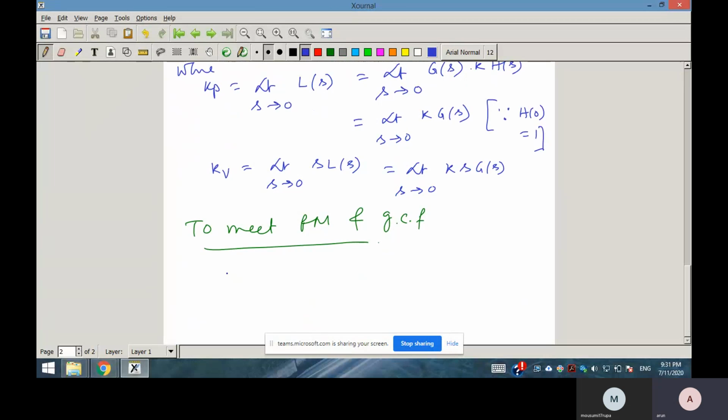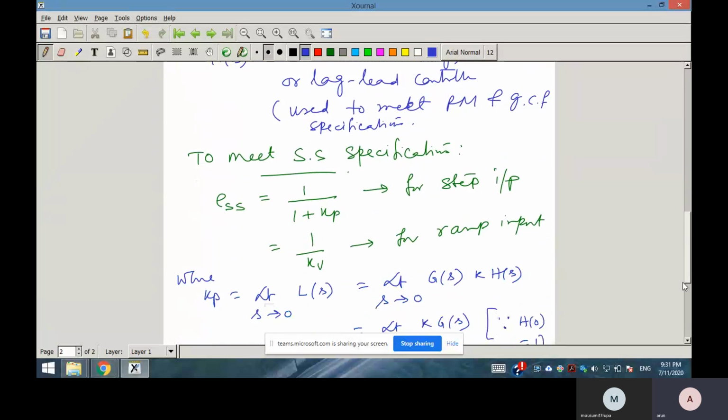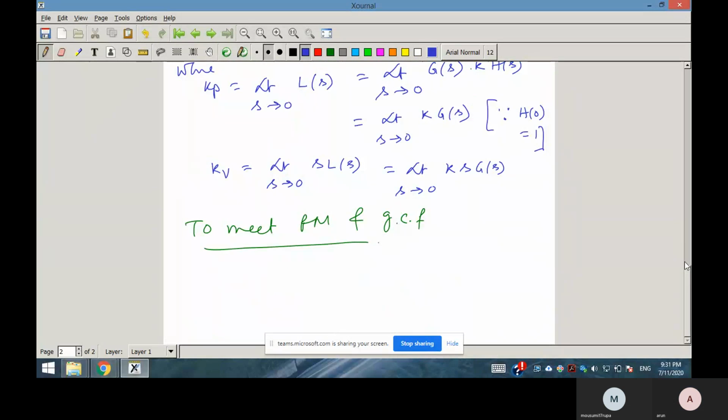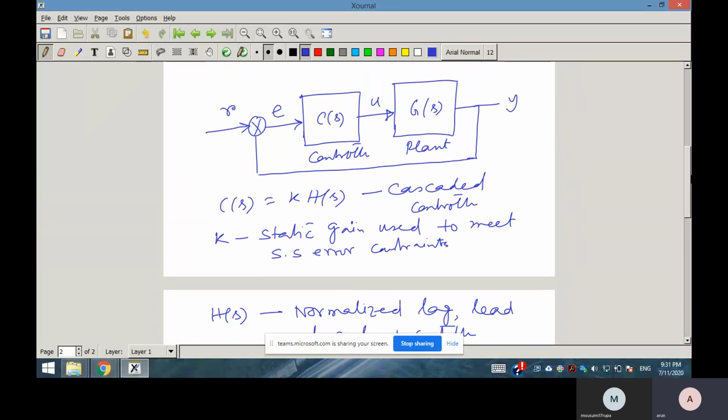Now, given an uncompensated plant, this is a terminology I will frequently use. Uncompensated plant means your HS equal to 1. That means the normalized lag lead controller is 1, that means there is no controller employed. That is called an uncompensated system.